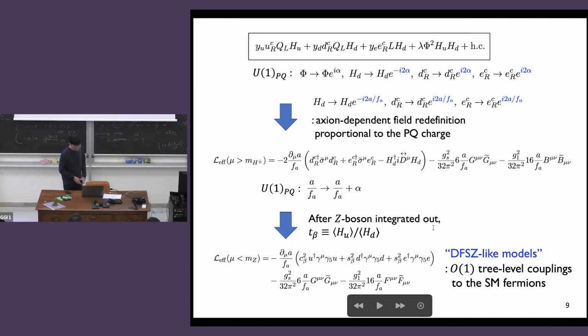And this is the direct consequence of the fact that in the UV model, some of the SM fermions must be charged under this linearly realized Peccei-Quinn symmetry. So we would classify this class of UV physics as DFSZ-like models, which are characterized by order one tree-level couplings to the standard model fermions.